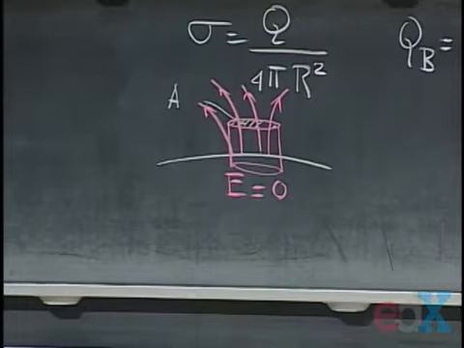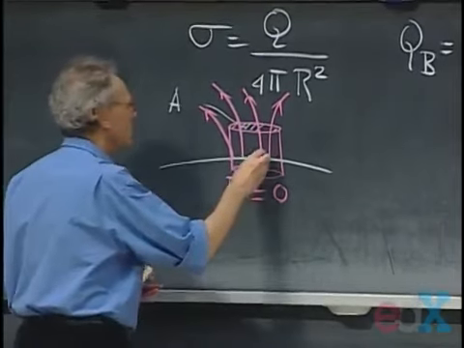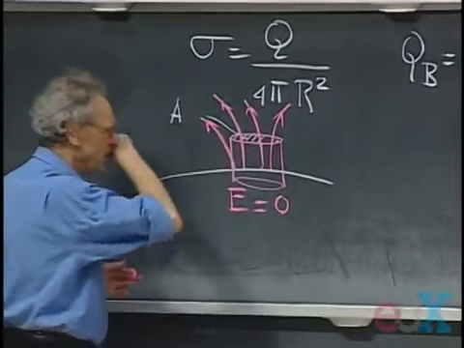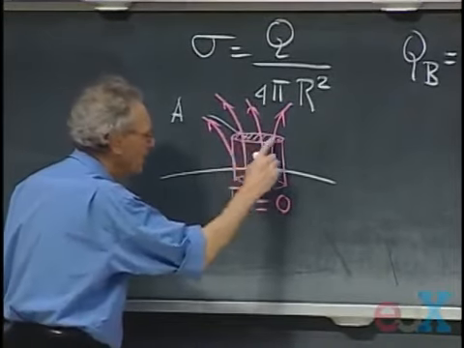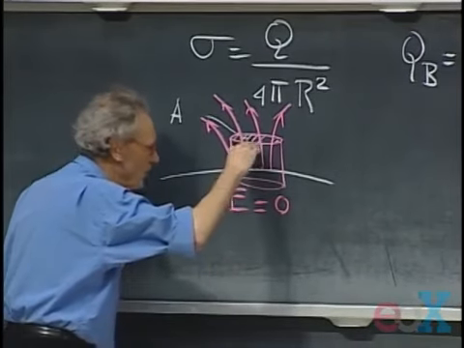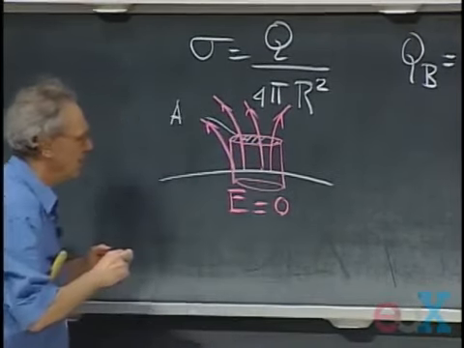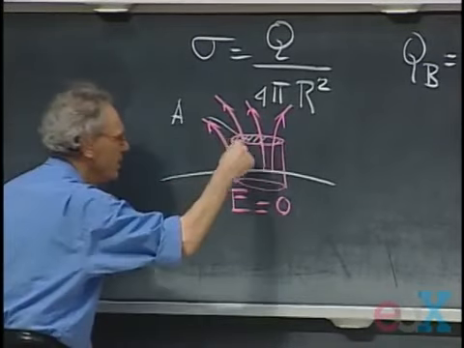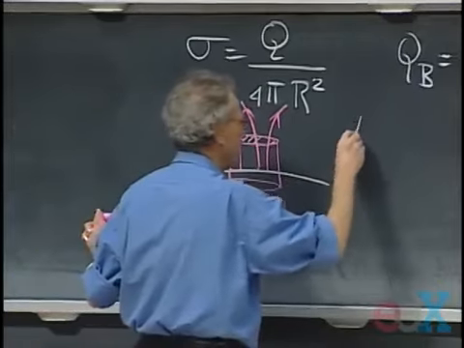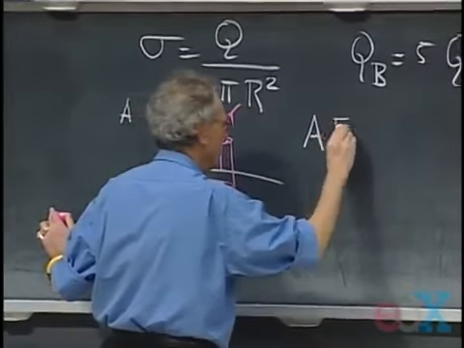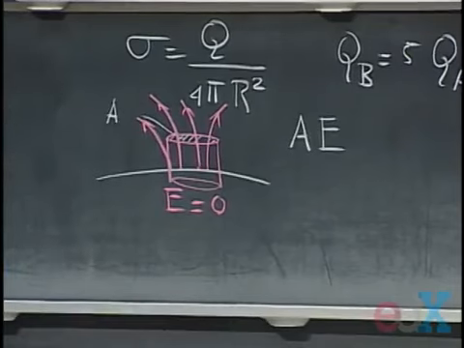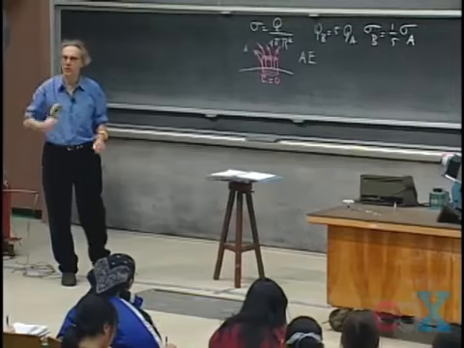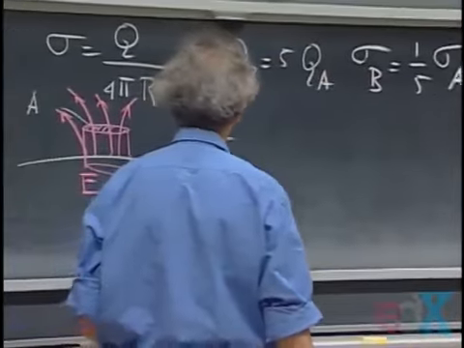So now if I apply Gauss's law, which tells me that the surface integral of the electric flux throughout this whole surface, well, there's only flux coming out of this surface here. I can bring that surface as close to the surface as I want to. I can almost make it touch the conductor. So everything comes out only through this surface, and so what comes out is the surface area A times the electric field E. The A and E are in the same direction, because remember, E is perpendicular to the surface of the equipotentials.